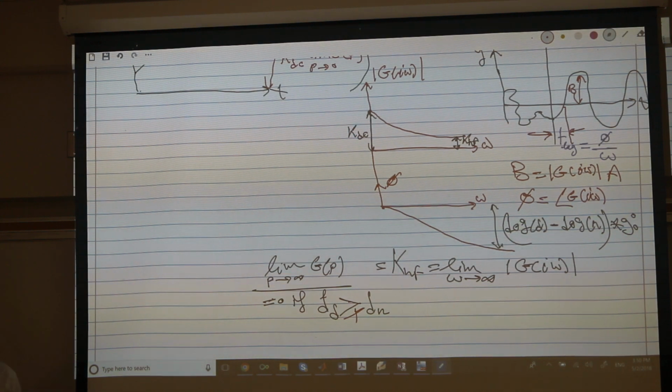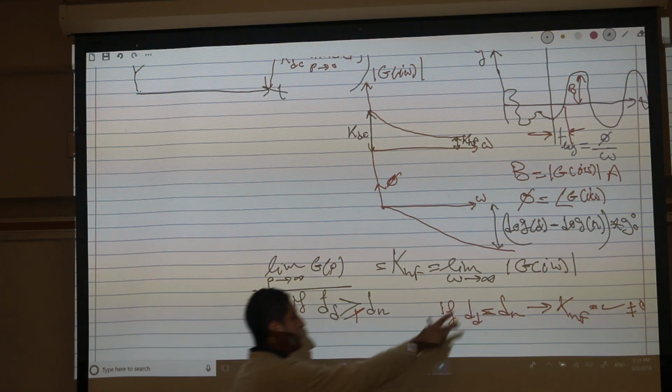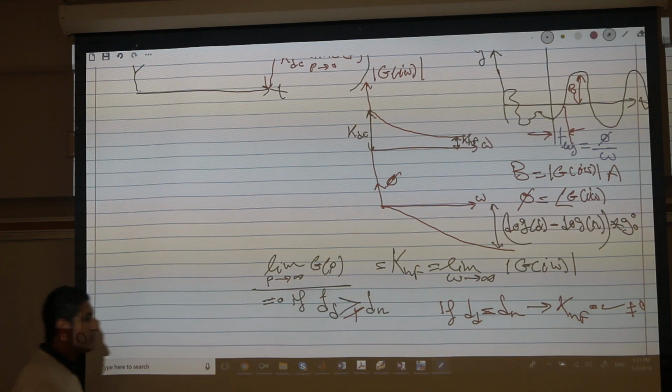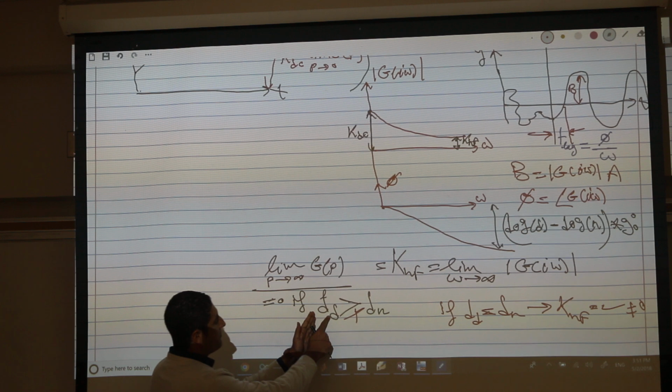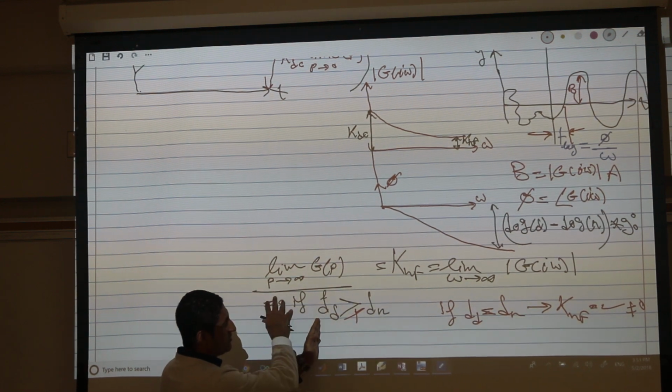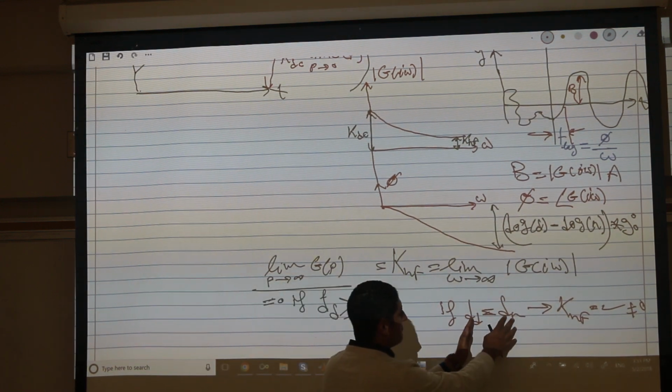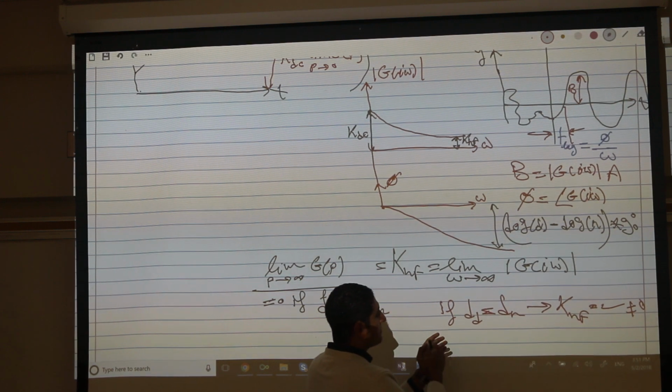If it's equal, if dd equals dn, the degrees are the same, then the high frequency gain will be some number, not 0, okay? Typically the ratio between the coefficients of the largest power. So if the degree of the denominator is larger, this guy is 0. If the degree of the denominator is the same, it's finite.